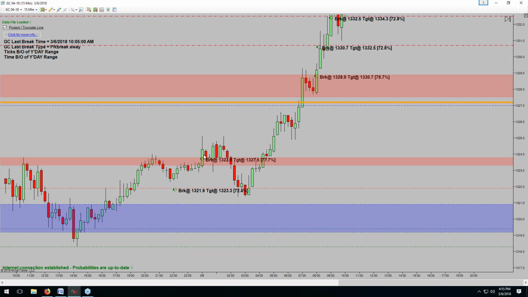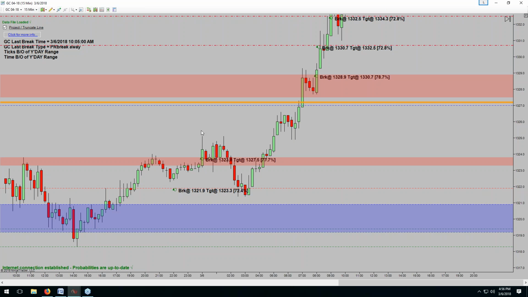Here, I think this is probably around midnight or thereabouts. Again, you get a buy setting up here on gold, at 1323.80 with a target of 1327.50, and the probability of hitting the area of 27.50 up here is 77.7.